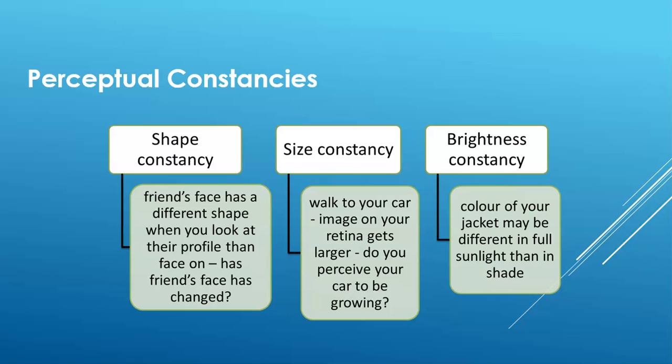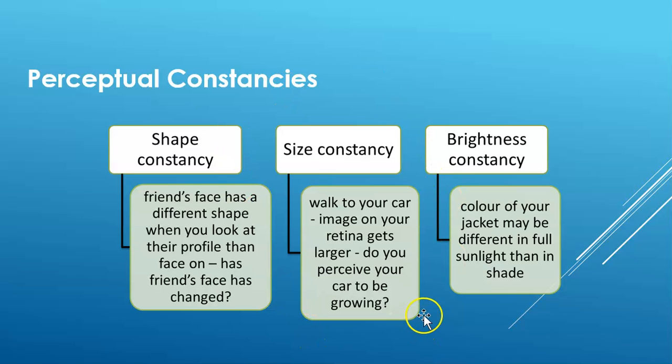Even though the visual information is a different shape, your brain can recognize that it's actually the same person, rather than saying all of a sudden it's a different person. That's because we recognize people on multiple features. Without these perceptual consistencies, we would not be able to recognize familiar stimuli under varying conditions.